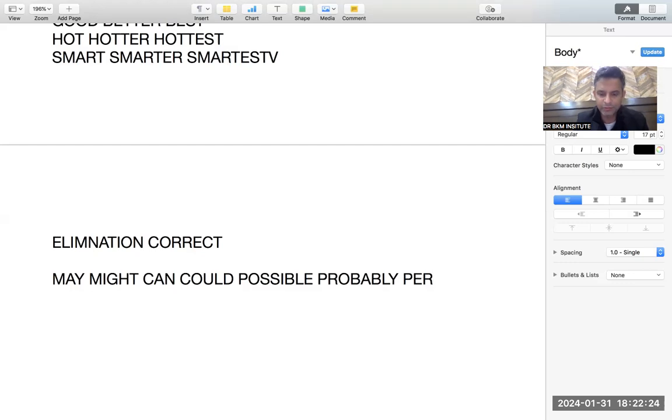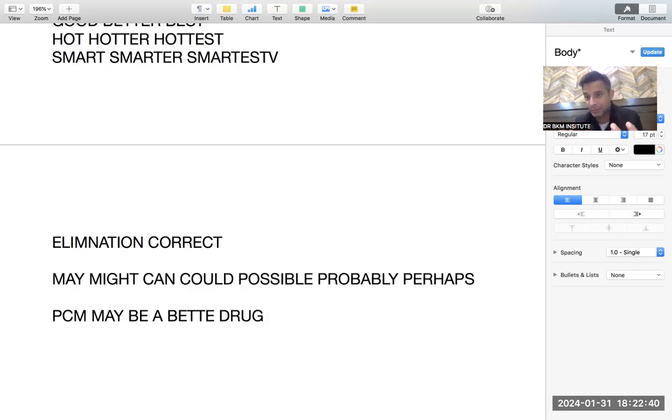Perhaps is also a word we use commonly, and it also means maybe. These words have more chances, because if I say paracetamol may be a better drug, then obviously this option has a lot of chances, because I'm saying there is a probability. It can be better, it cannot be. So this option has more chances of being an answer.